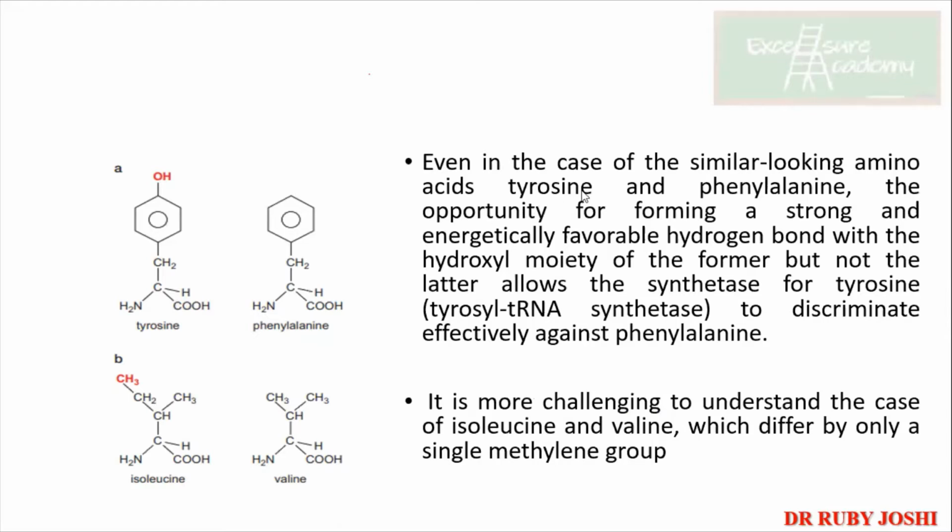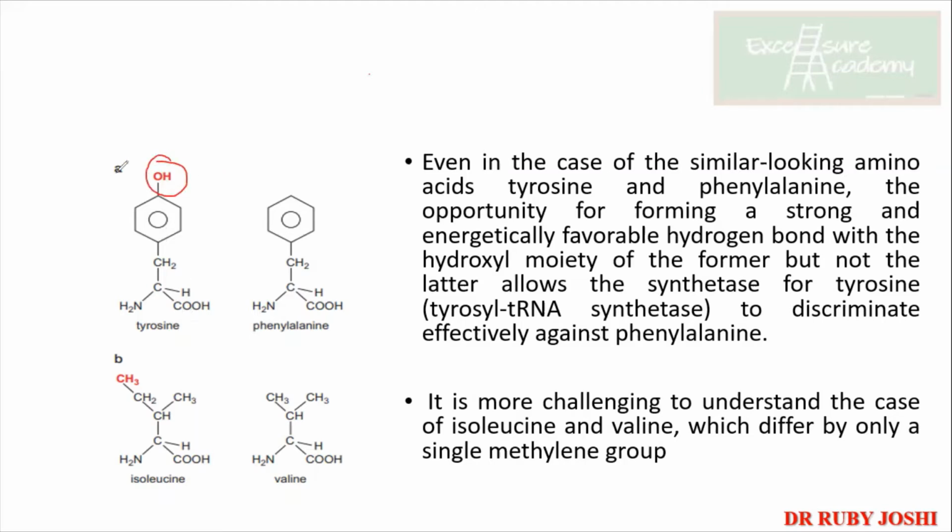Okay, so even in the case of similar-looking amino acids like tyrosine and phenylalanine, there is the opportunity for forming a strong and energetically favorable hydrogen bond with the hydroxyl moiety. So if you look at the structure, who has more hydrogen bonding opportunity? Of course, the water-loving hydroxyl group.